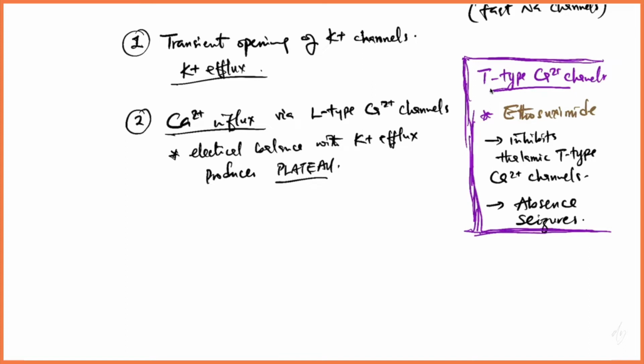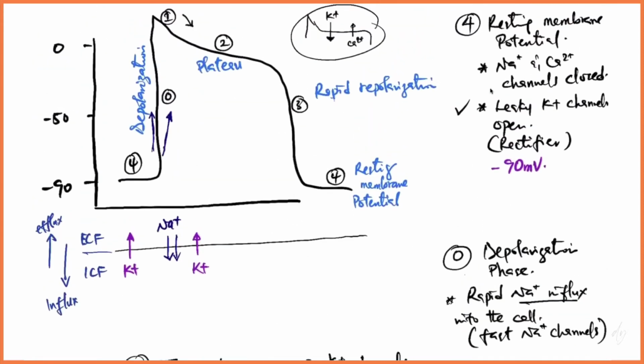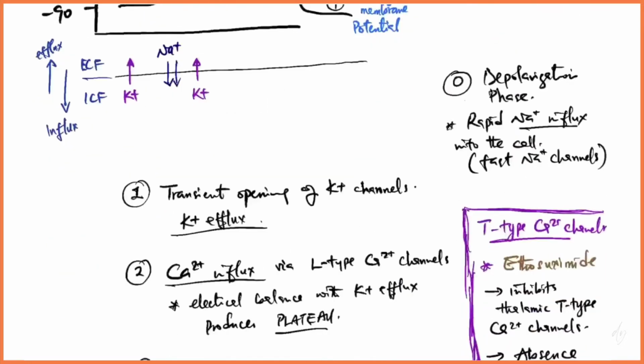The next phase is going to be phase 3. Phase 3 of action potential, you see, it's a downward slope. So what's this? It's as a result of potassium activity. And this is the rapid repolarization stage. Sodium caused a depolarization. Potassium is causing a repolarization and is going to bring the cell back to resting membrane potential.